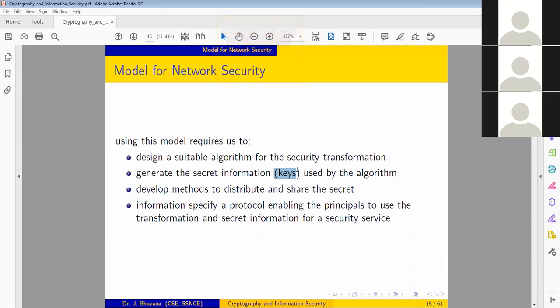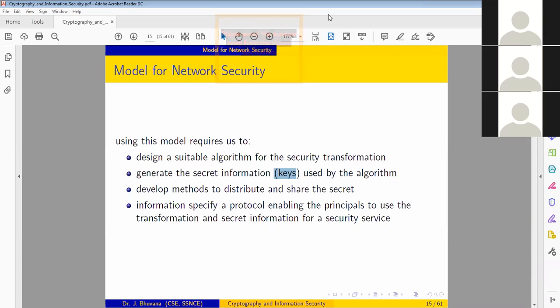I lock the box with a key. Now the locked box will be sent to the other end. How does the other end open the box? It needs a key. The key used to lock that box was with the sender. So unless the sender sends the key to the other end, can the receiver open the box? No, it is not possible.